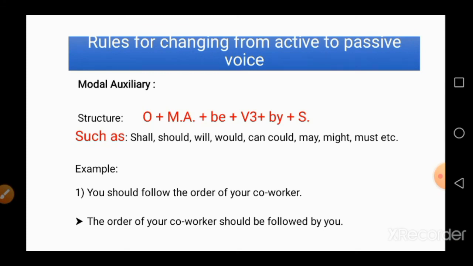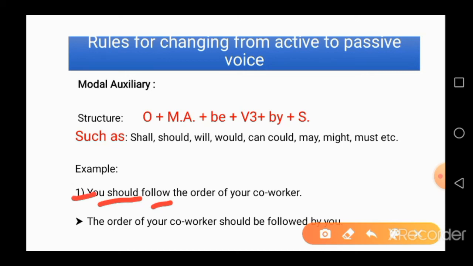Let me explain with this example. You can see the example. You should follow the order of your co-worker. You can see should is a modal auxiliary and then the first form of the verb follow. So, this is in active voice because of the first form of the verb, and the subject is you, and the object is here the order of your co-workers. So, when we make the passive voice, we take the object first. The object of this sentence is the order of your co-workers.